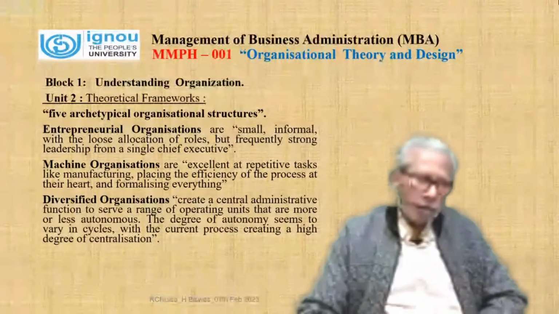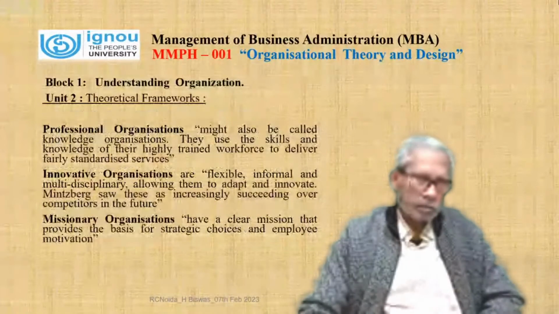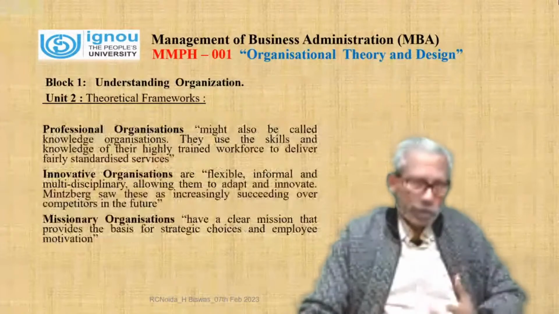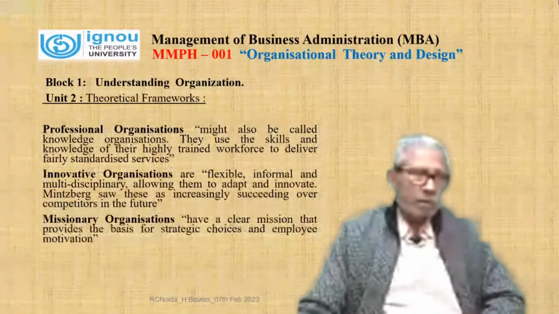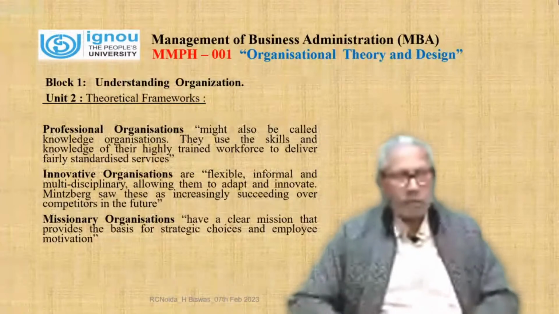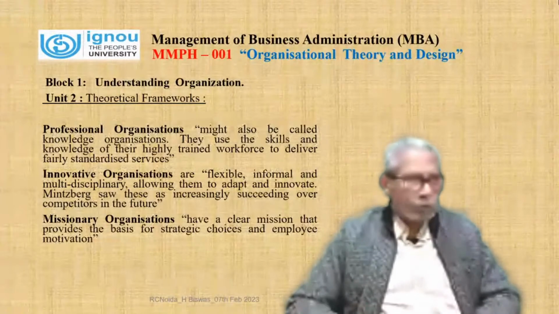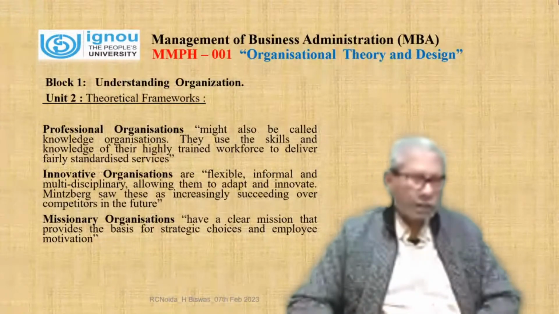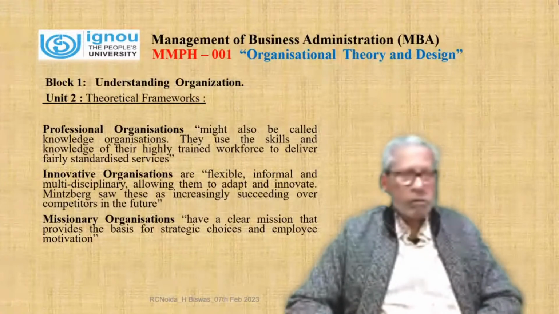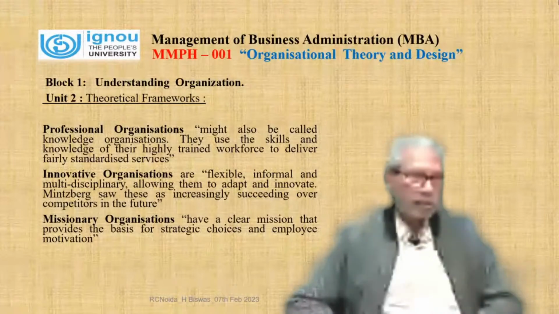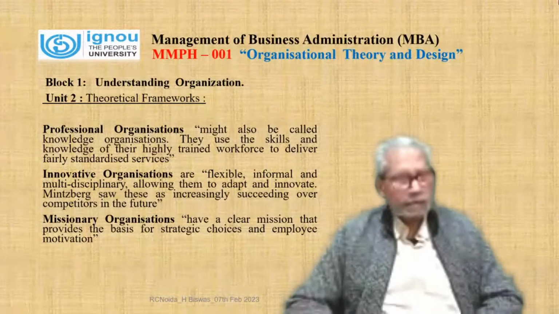Then your professional organizations, which might also be called knowledge organizations. Professional organizations mean there is knowledge and talent, a lot of know-how. You can say it is a knowledge management organization. There are skilled workforce who deliver fairly standard services.